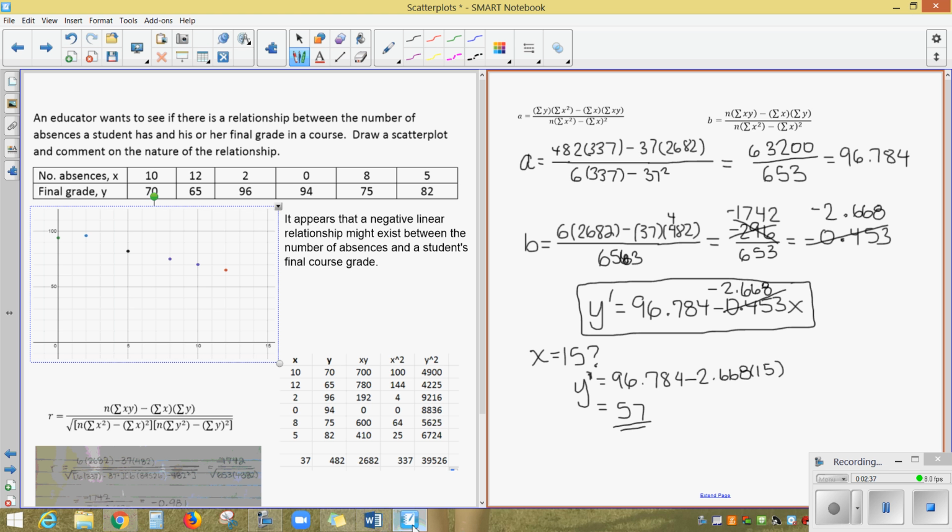So when your author asks you to predict what the outcome will be if we input a different value of x, we go back to our regression line and we substitute that value in for x. Whatever comes out, we'll round according to whatever it asks us to round to. But we can only make that prediction if we're allowed to use regression anyway.